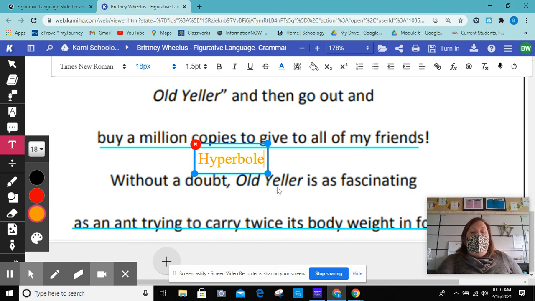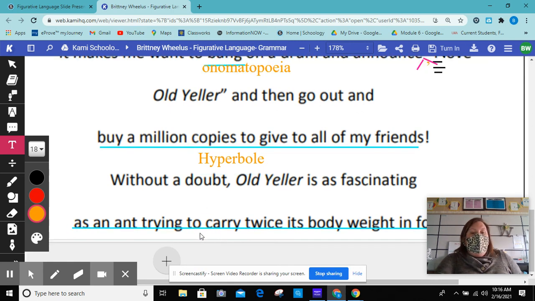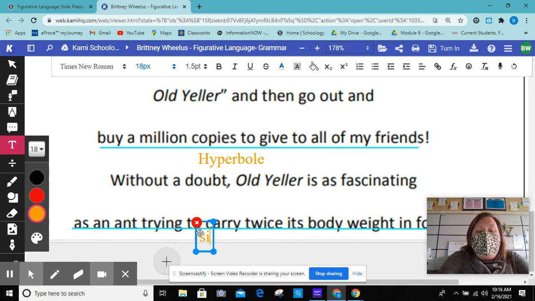We're using as, so we're comparing Old Yeller to an ant. It's a simile because we're using like or as. We've used as twice.